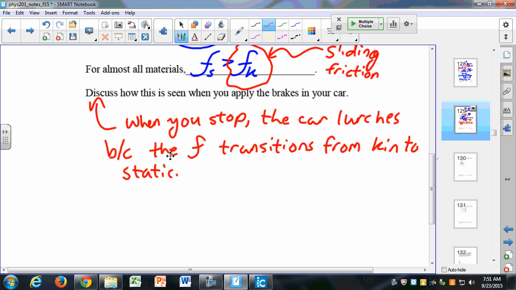And almost always, as far as we're concerned, the static frictional force is greater than the kinetic frictional force. And since there's that discontinuity, that's what causes that little lurch forward.